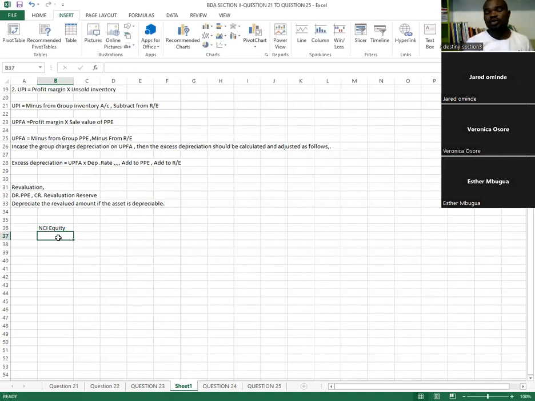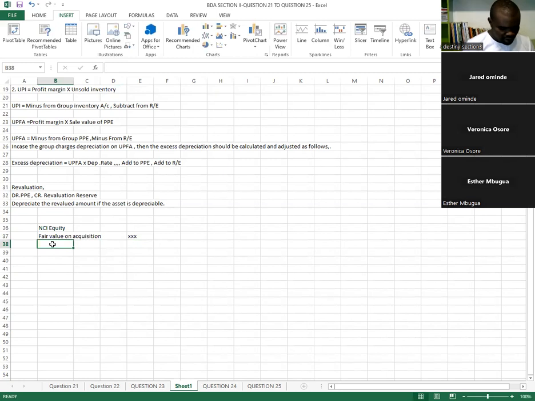NCI's equity, like in that question, is balance sheet. So you'll check equity. You check the fair value. You take their fair value on acquisition.